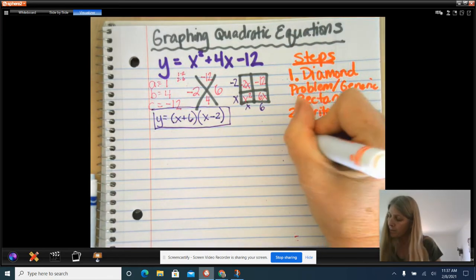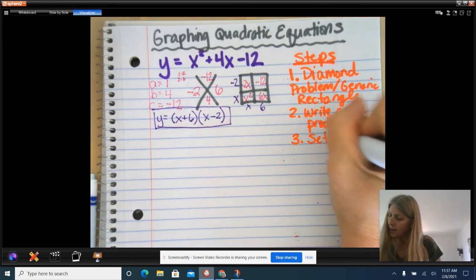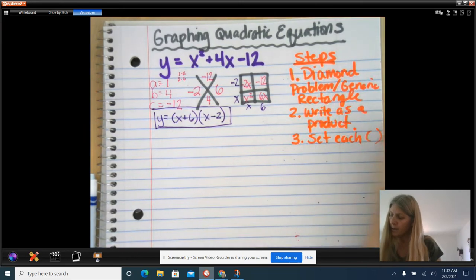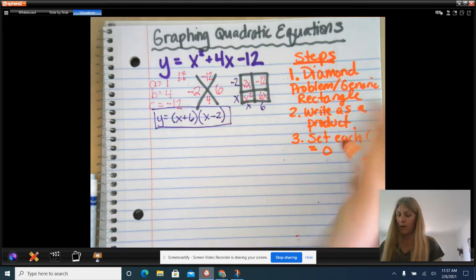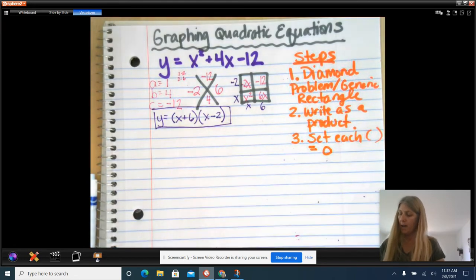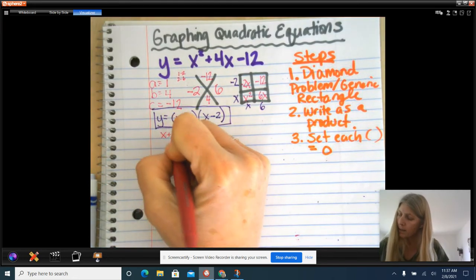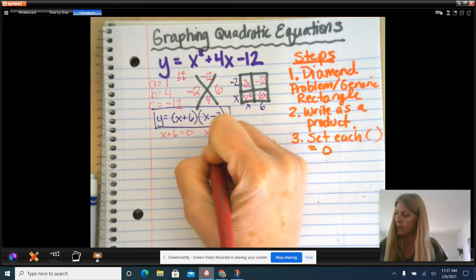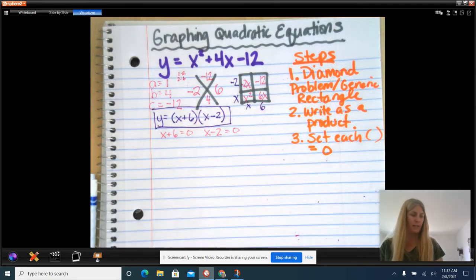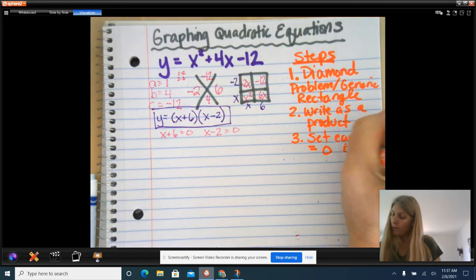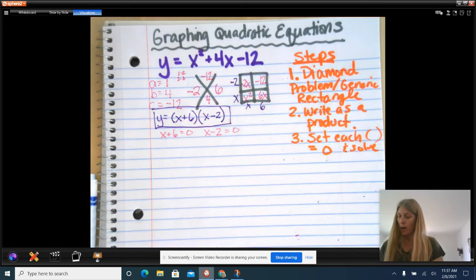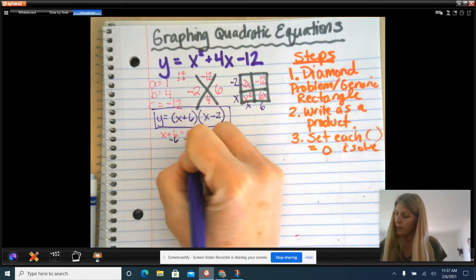Step number 3, set each set of parentheses equal to 0. Okay, so we have x plus 6 is equal to 0 and x minus 2 is equal to 0. And solve. Okay, so now we're going to go ahead and solve for each x. We're going to subtract 6 from both sides for this one.